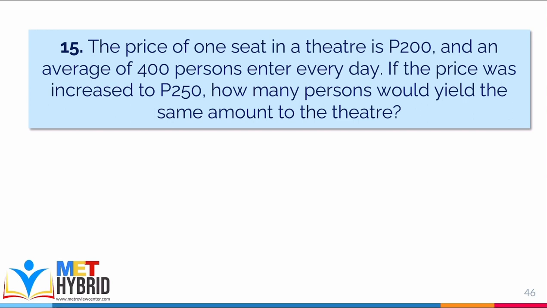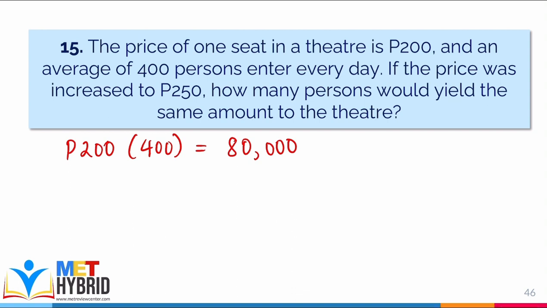So first we solve the total amount paid to the theater. 200 pesos times 400 persons yields 80,000.